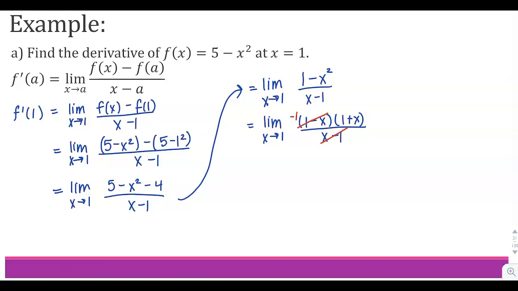So I'm going to end up with a limit as x approaches 1 of a negative 1 times 1 plus x. And now I can apply direct substitution. I will not get indeterminate. I'll get negative 1 times 1 plus 1, which is the same answer, negative 2.